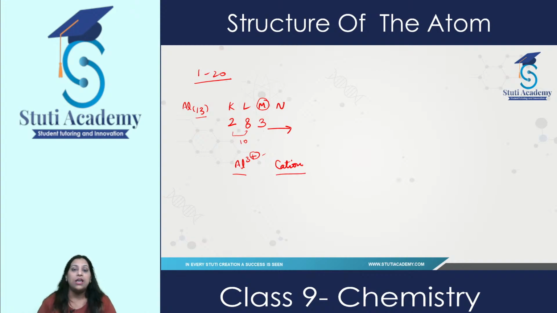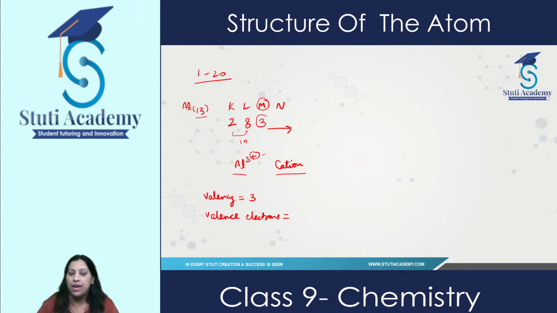So the valency of aluminium, if I write the valency, what is the valency of aluminium here? It is 3. And if we are talking about valence electrons, see, valence electrons and valency, there's a difference between these two terms. Valence electrons are the number of electrons present in the outermost shell.